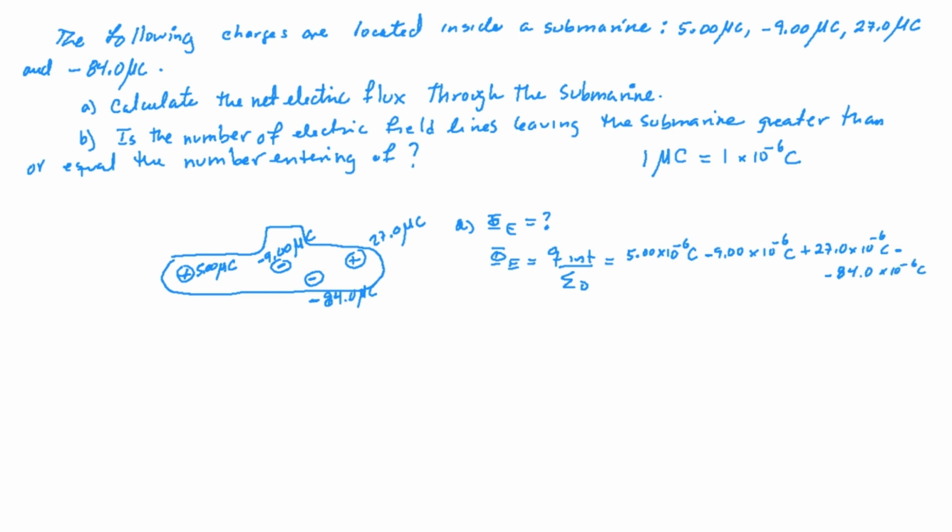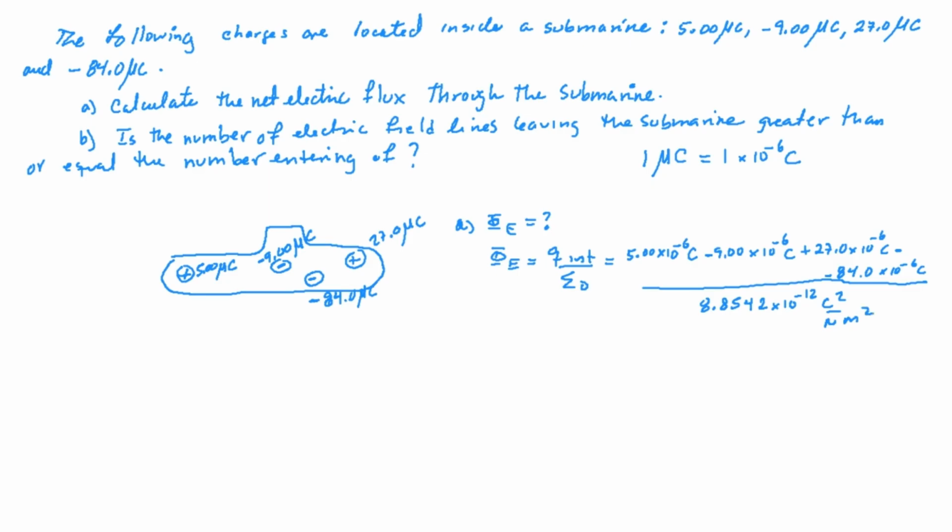All this divided by epsilon sub 0. And epsilon sub 0 is 8.8542 times 10 to the negative 12 coulomb square over newton meter square.